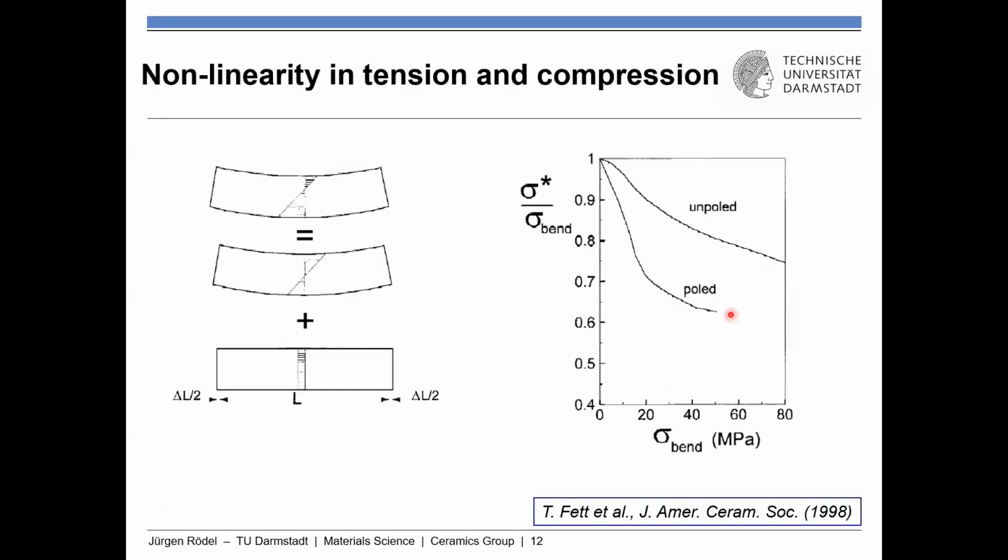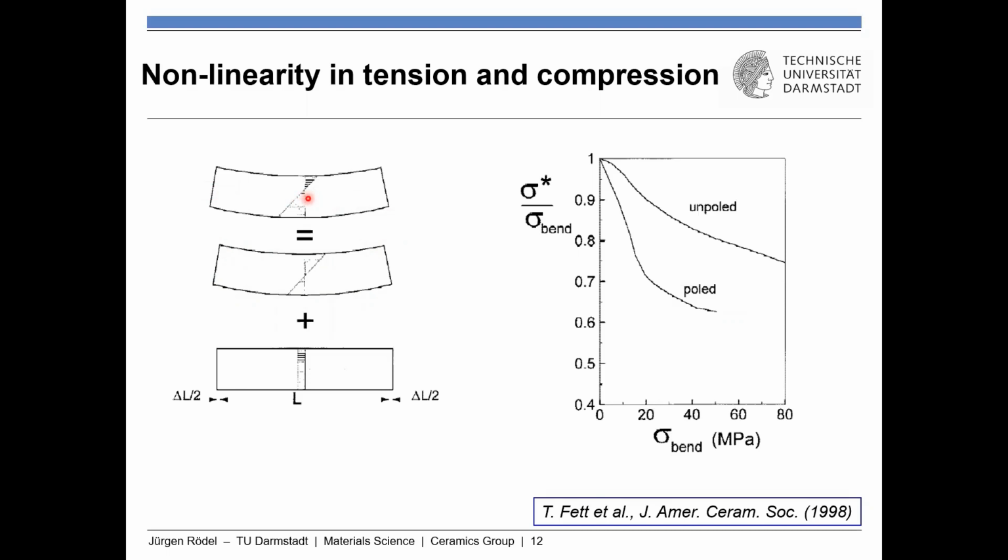Now I go back to what I told you before, the curve of strain is different in tension and compression. Now we come to a considerable problem because a bend bar has tension on one side and compression on the other side. Usually a bend bar of a linear elastic ceramic has a neutral axis where there's no strain in the center, but here the neutral axis is not in the center.